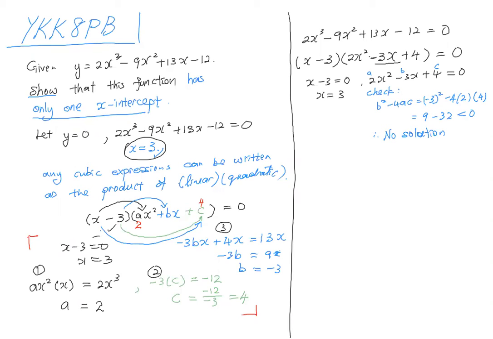Okay. So therefore, x equal to 3 is the only x-intercept for y equal to 3x cubed minus 9x squared plus 13x minus 12.